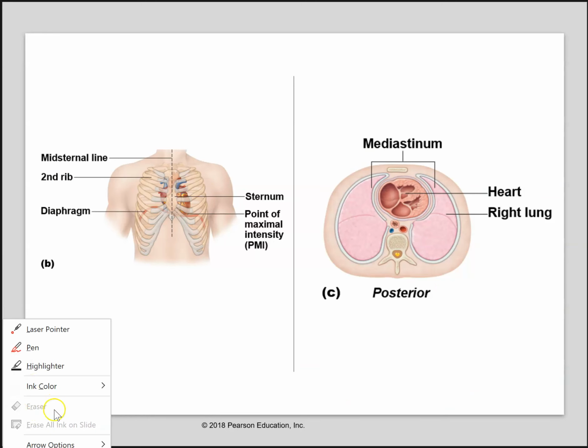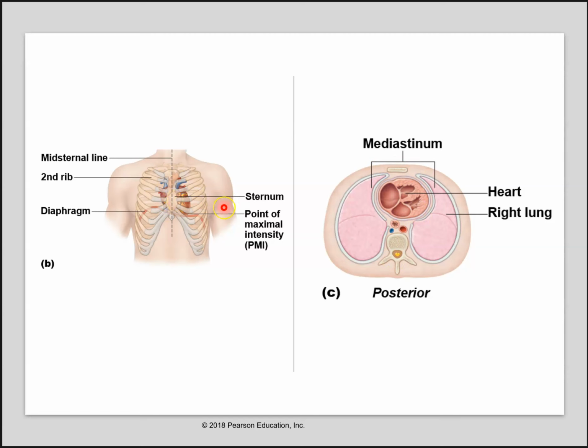So the heart is located in the thoracic cavity, and it's located medially between the lungs, meaning in between the two lungs. The space in between the two lungs over here is called the mediastinum. This is the posterior view, this is the spine, and right over here is the sternum, or the chest bone.